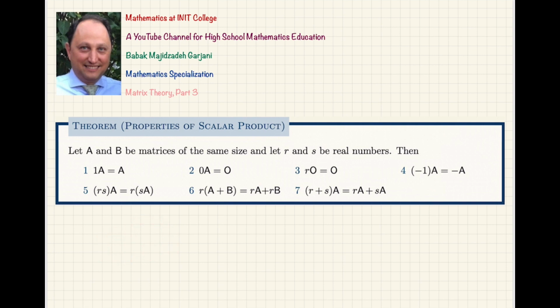Okay? And then again, for example, here, do you know what these types of properties are usually called? They are called distributive, yes?